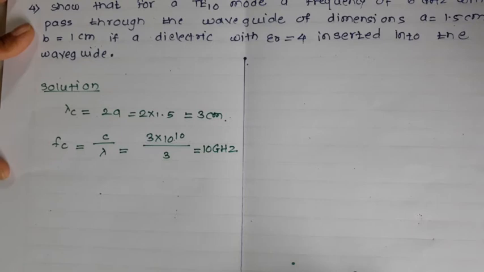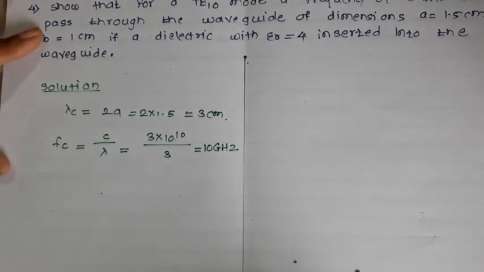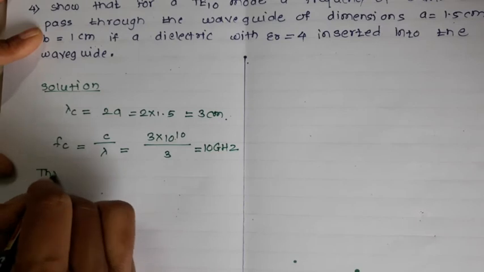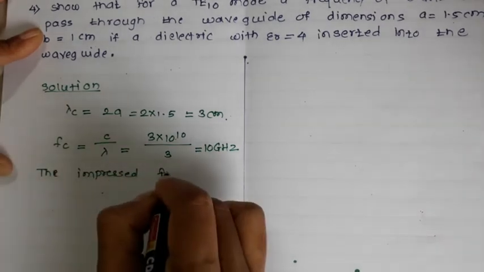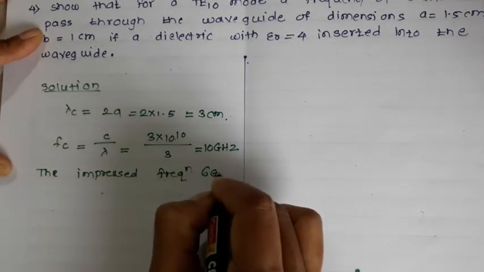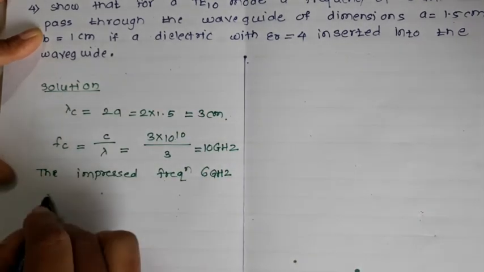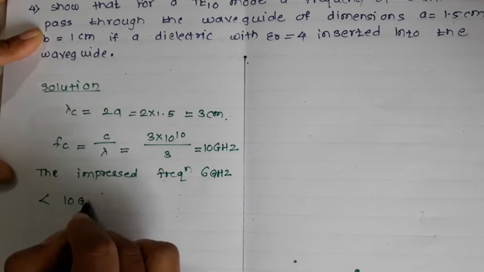So alternatively, we'll write the note over here: the impressed frequency 6 gigahertz is less than 10 gigahertz.